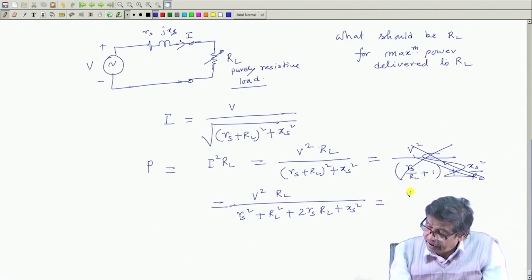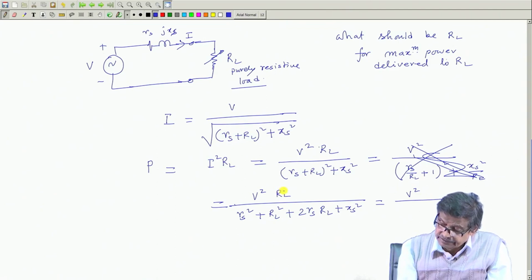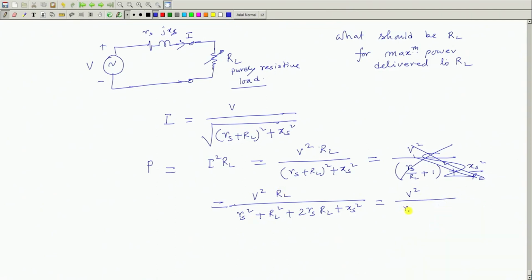You bring this RL below. So, it will be RS square plus XS square, I group together and divide by RL, this will be the thing, plus RL square by RL, that is RL, plus 2 RS, this will be the thing. All the terms are okay, hopefully 2 RS.